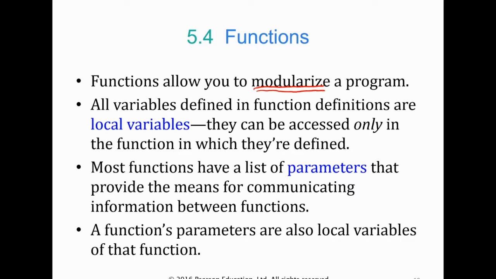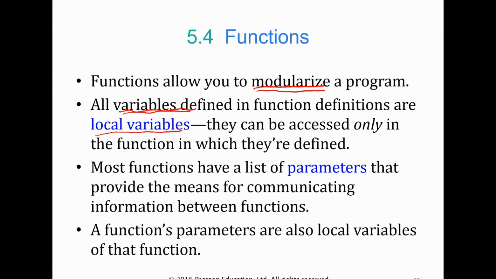Now, another thing that you want to note about functions, and we will look at the definitions of the functions in a second, is that when you define a function, all variables that are defined inside a function are what are known as local variables. So they are not visible outside of the function.